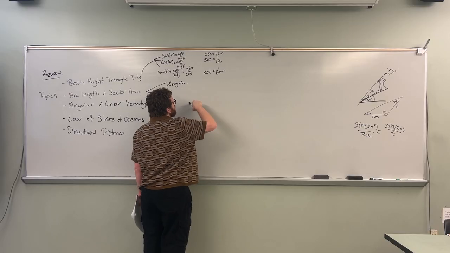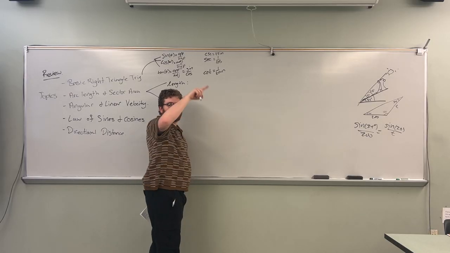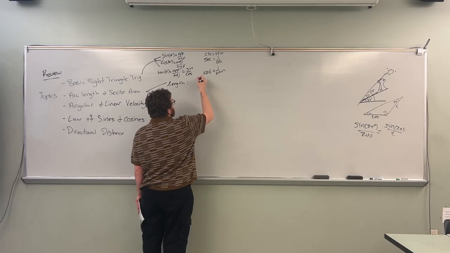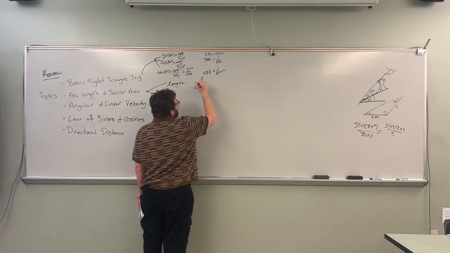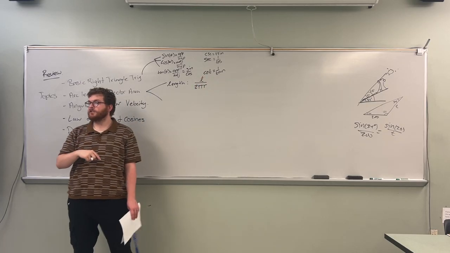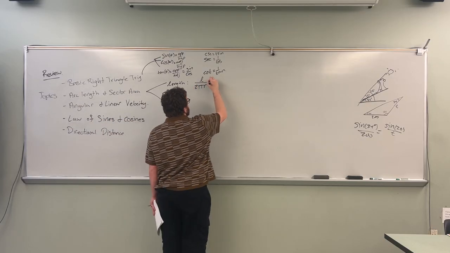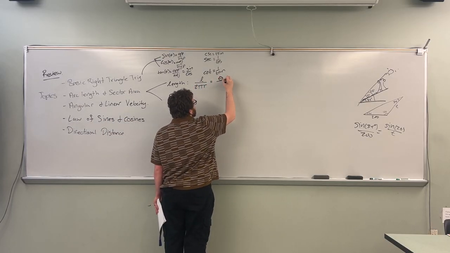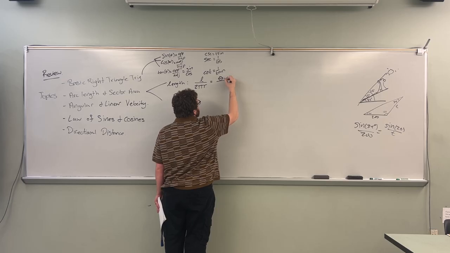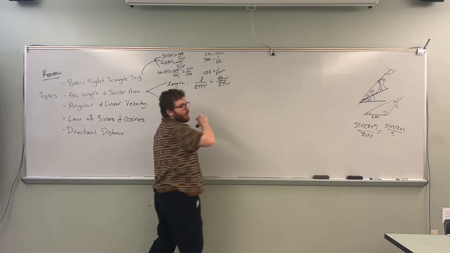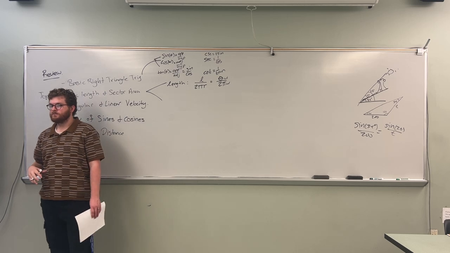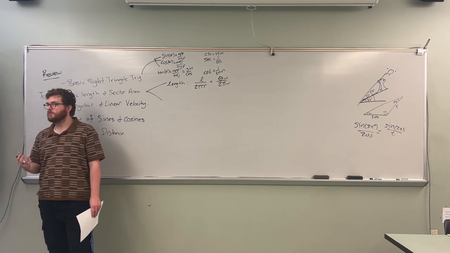Remember that the total length of the circumference of a circle is 2 pi r. So the arc length is some fraction of that, which is proportional to the angle we subtend in radian, over 2 pi, which is the total radial measure of a circle.